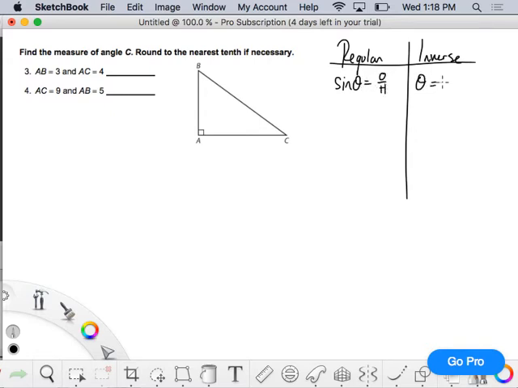Inverse trigonometry says that theta is the inverse sine of opposite over hypotenuse. You guys remember this? We use inverse trig to solve for theta. If we're asked for the measure of an angle, we use inverse trig. Does that make sense? Yes. Okay. Cosine of theta equals what?